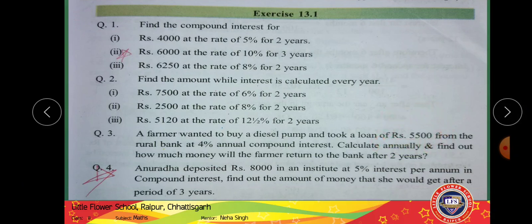The principal for which the interest has to be calculated is how much? 5500 from the rural bank at 4% annual compound interest. What is this 4%? This is the rate calculated annually. Find out how much money will the farmer return to the bank after 2 years? So time is 2 years, right?